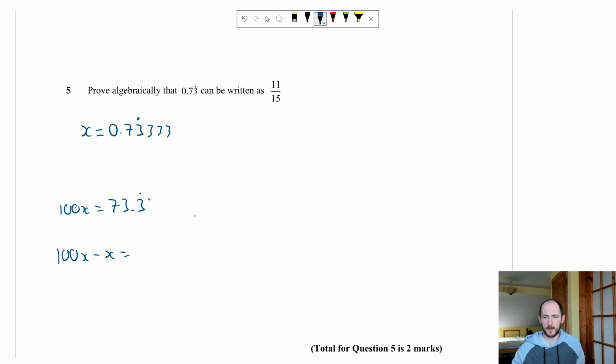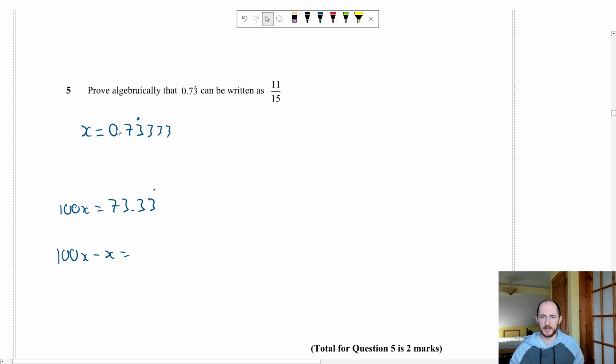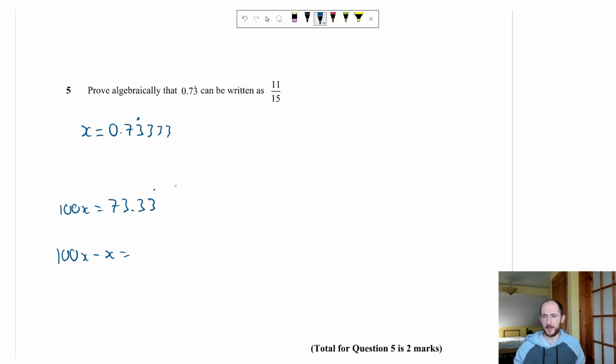But I'm actually going to write another 3 here and make that the recurring one, because if you notice, if I were to put these 2 numbers on top of each other, 73.33 recurring and 0.73 recurring, when I subtract them, because there's an infinite number of 3s, they will all cancel out to give 0. Okay?